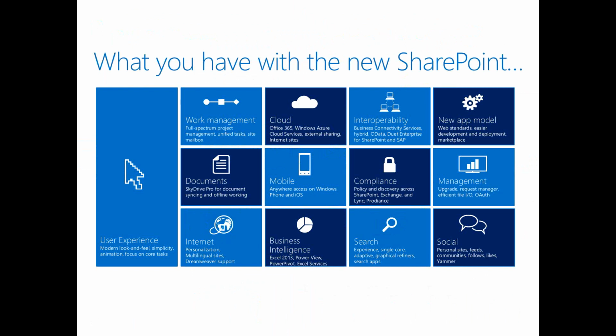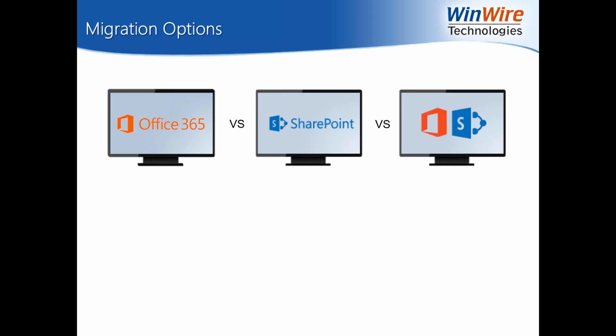So having discussed all of these things, a lot of questions come to us that, what options should we consider when moving to a new SharePoint platform? Are we going to move to Office 365? Should we move to SharePoint 2013 on-prem? Or what should we do?